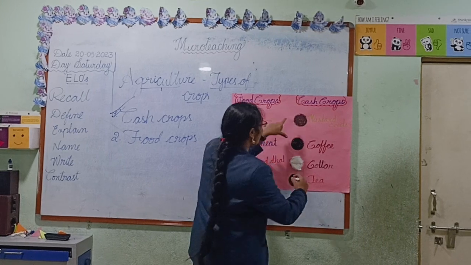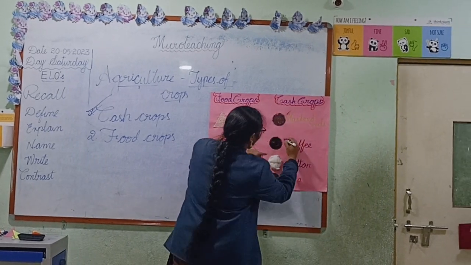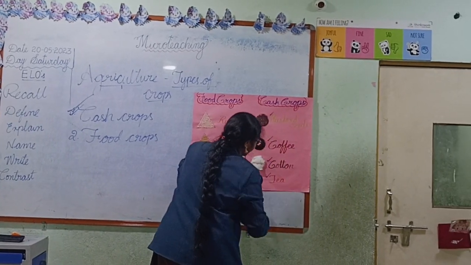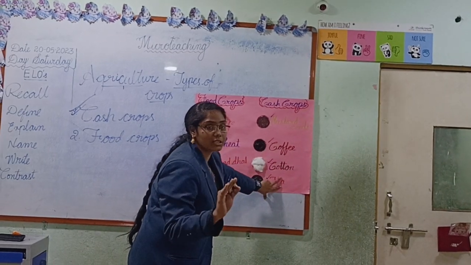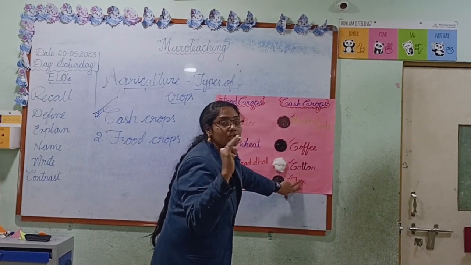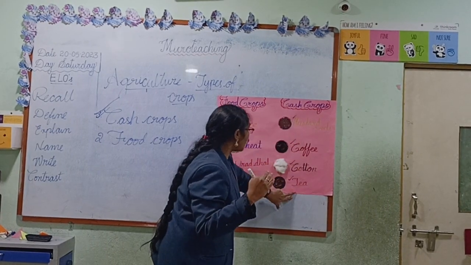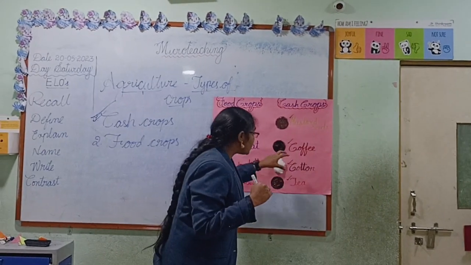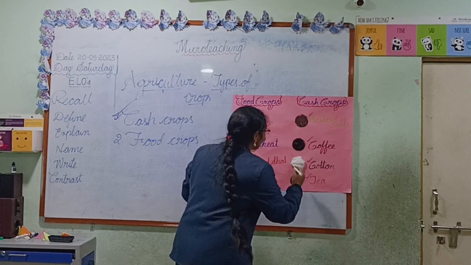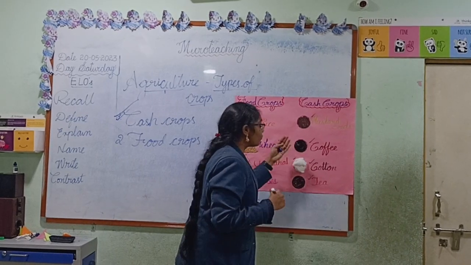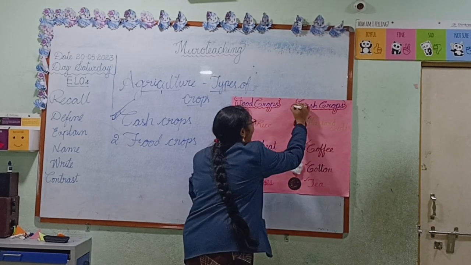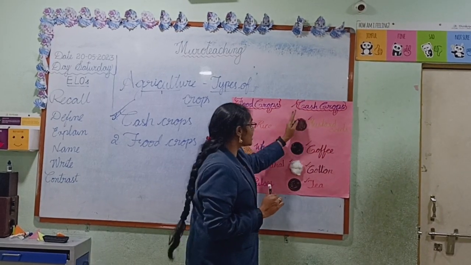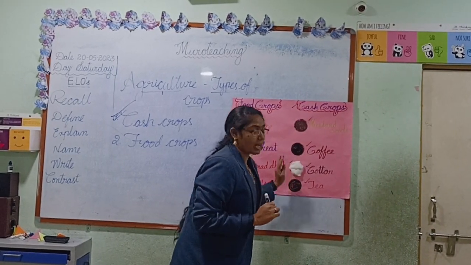Examples of cash crops are mustard seeds, coffee, cotton, and tea. The clothes we wear from cotton, and the coffee or tea we enjoy in the evening, come under cash crops.